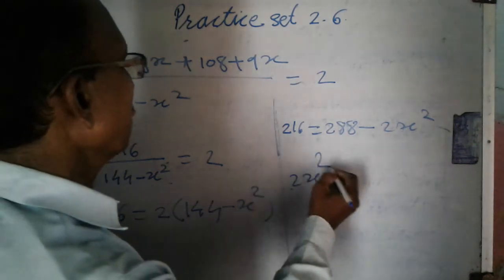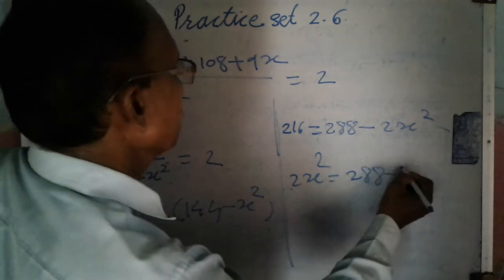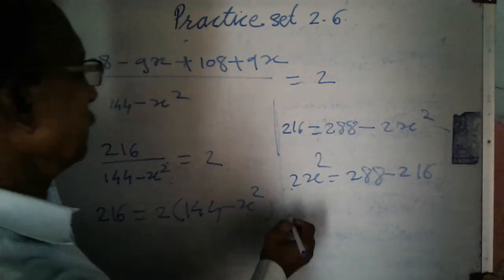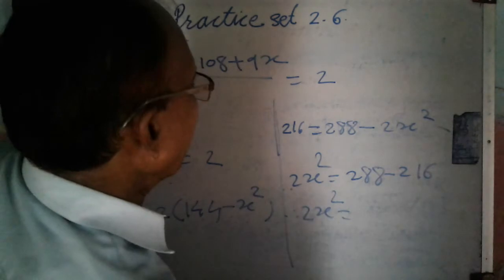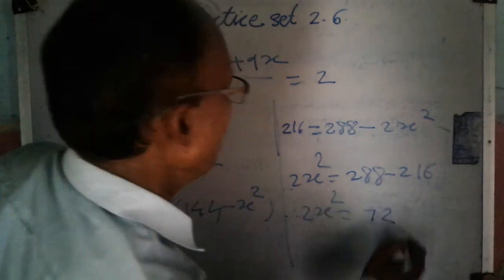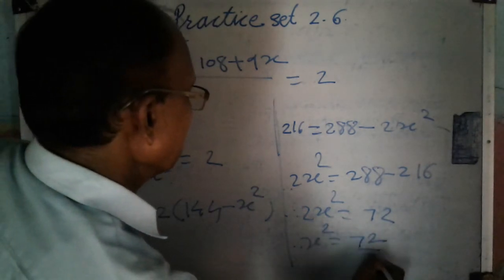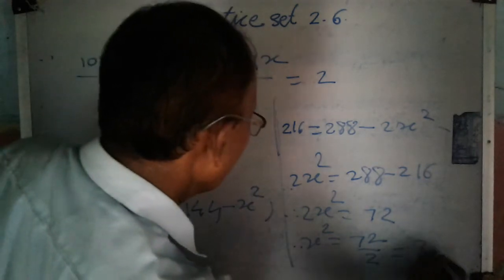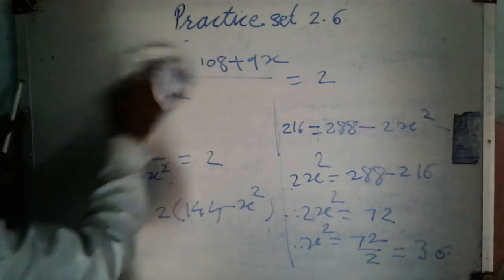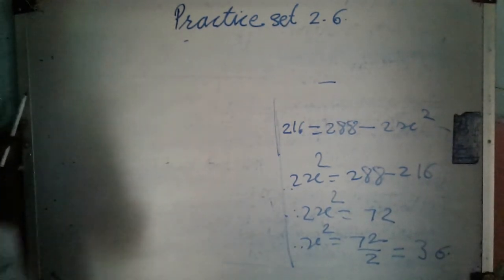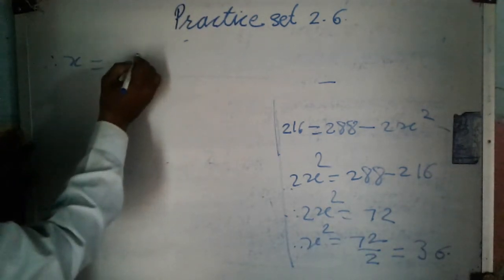Therefore 2x square is equal to 288 minus 216, we get 72. Therefore x square is equal to 72 upon 2, which is 36. So taking the square root of both sides we get x is equal to 6.